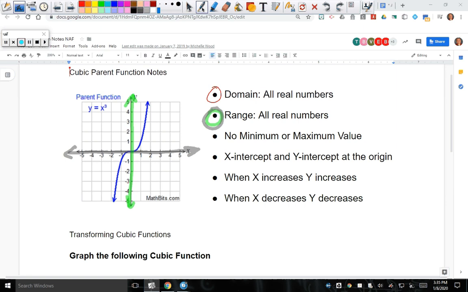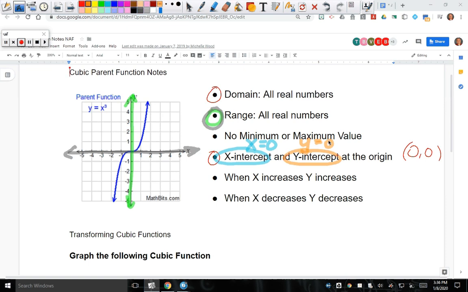Okay? Here we go. X-intercept and y-intercept is at the origin. The origin is 0, 0. If I told you to tell me what is the x-intercept, you would say x equals what? 0. If I told you to tell me the y-intercept, you would say what?